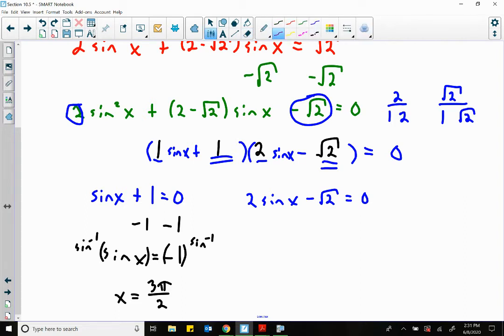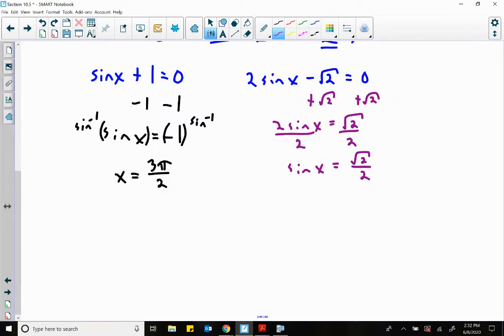The next one, we're going to come in here and add the square root of 2. And that gives us 2 sine x equal to the square root of 2. And then we're going to divide by 2. So sine x equals square root of 2 over 2.